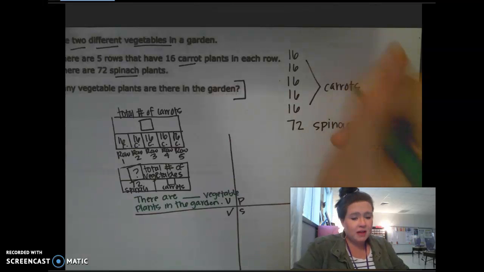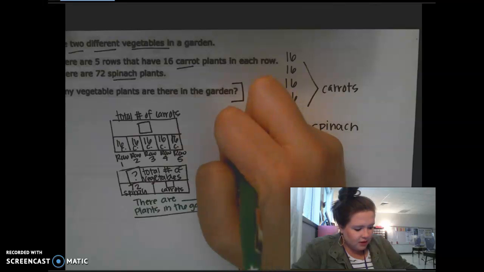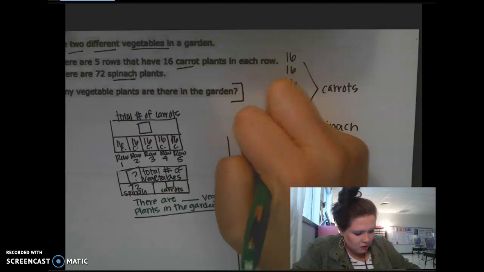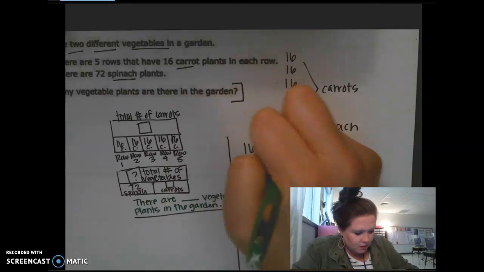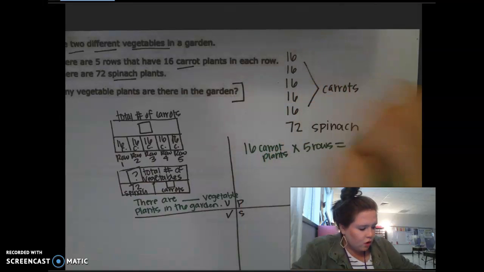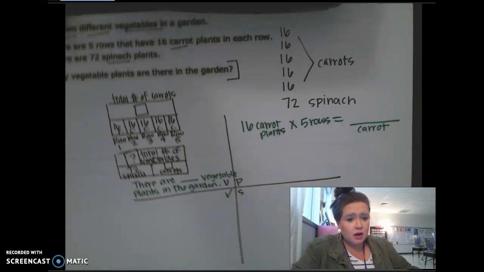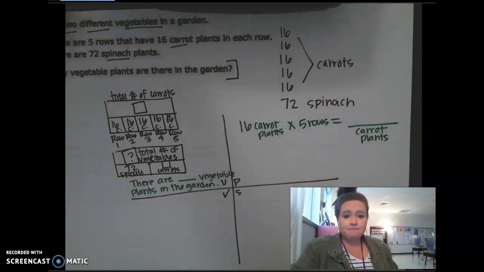That is true, but it's multiplication. So the first one is we're multiplying 16 carrot plants times 5 rows equals a certain number of carrot plants.